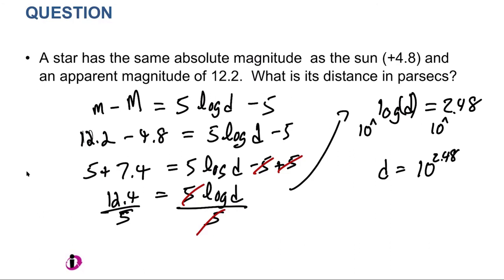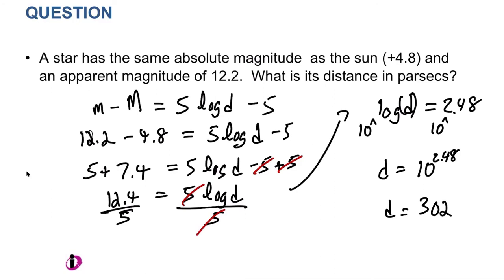And again, that's a number you're going to need your calculator for. But before you plug it into your calculator, you should think about what that answer should be. You should know that 10 to the 2 is 100 and 10 to the 3 is 1,000. So when you plug it in your calculator, you should get a number that's between 100 and 1,000. And in fact, you should get that the answer is 302 or so.